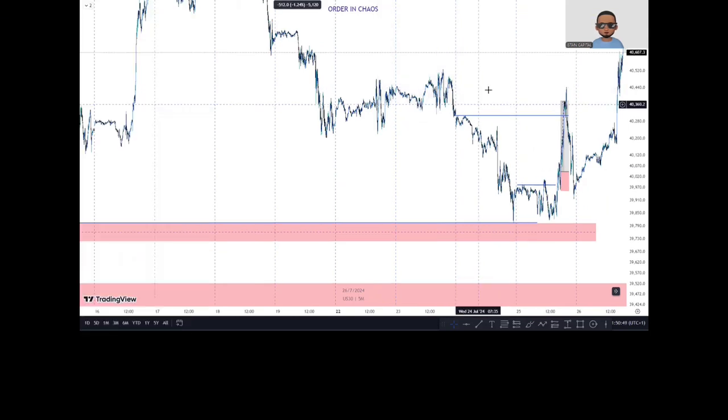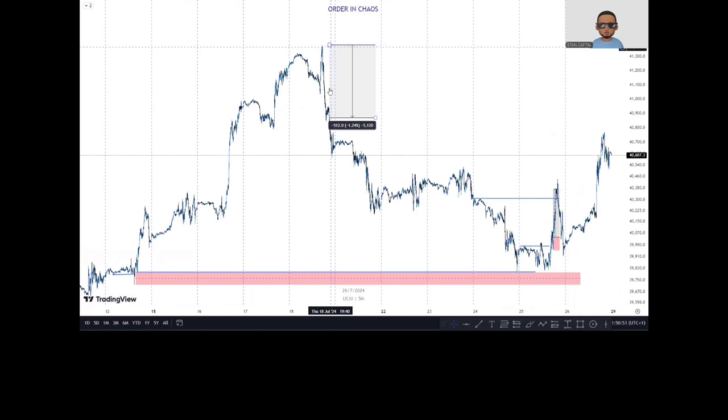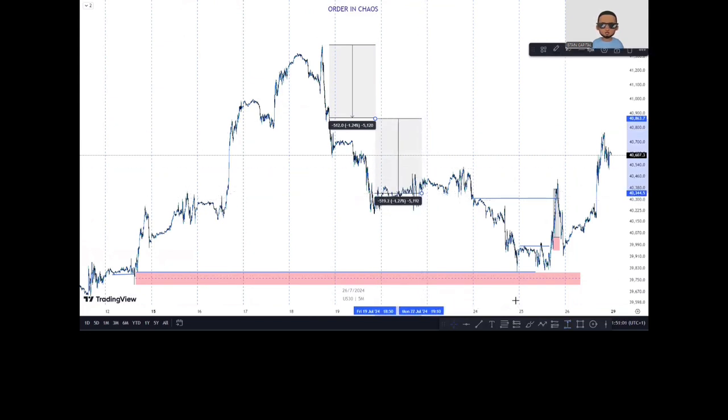So, anyways, I told you guys we've gotten this first level of drop one. Drop one, that's 50 pips drop, another 50 pips drop, another 50 pips drop.